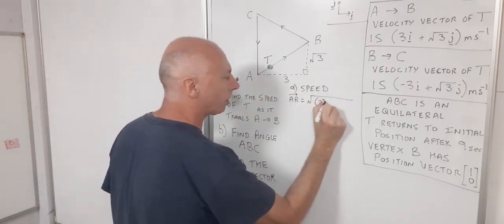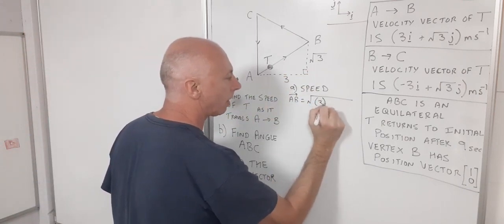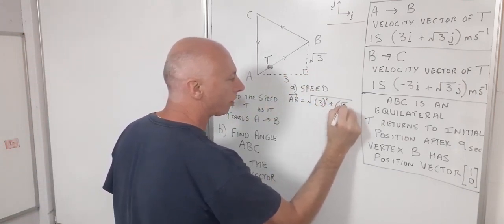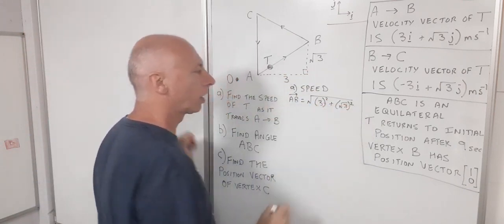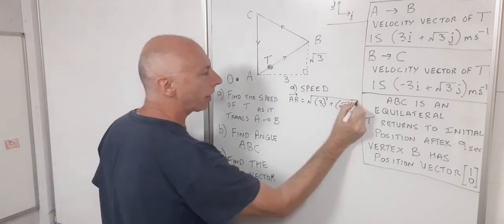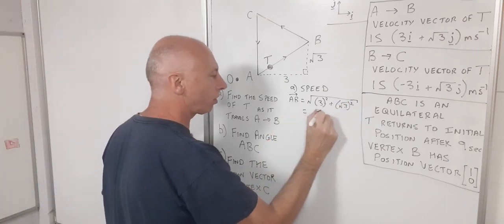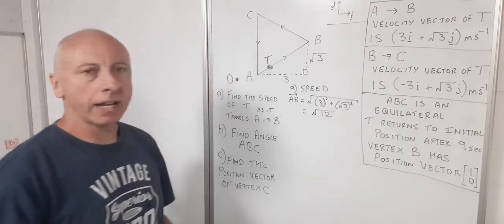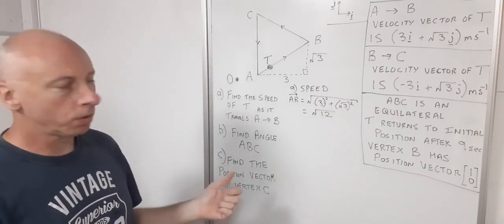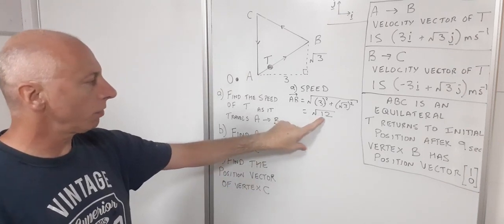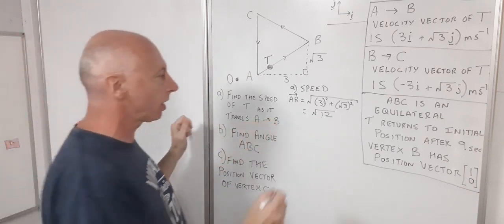So we've got 3 squared plus root 3 squared. Now 3 squared is 9, root 3 squared is 3, so we've got square root of 12. To break that down using surds, we've got root 4 times root 3, so it's 2 root 3.